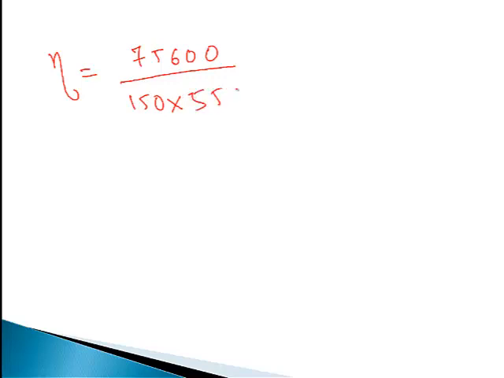Okay, so what is the least? To find the efficiency, you have to take the least one. So the least is the one in the plate, 75600. Here the solid plate strength is 150 into 55 into 16, which is around 132000. Okay, 132000.